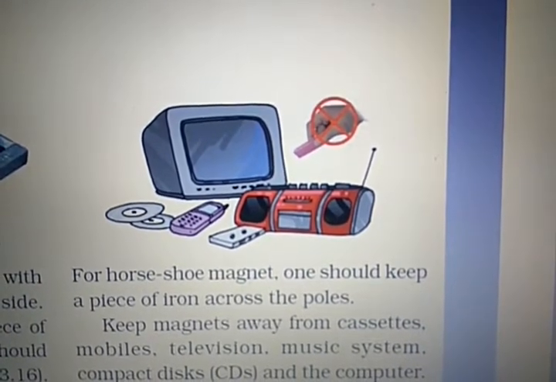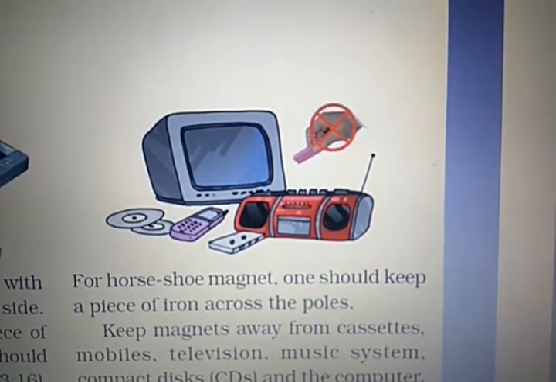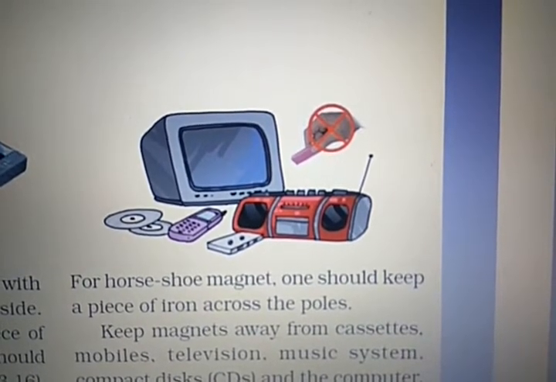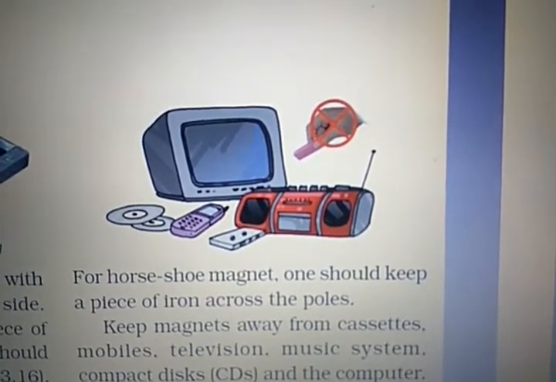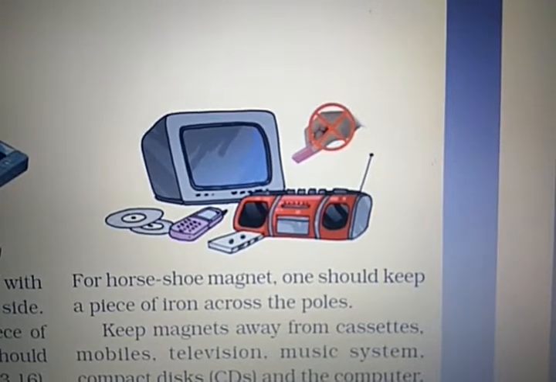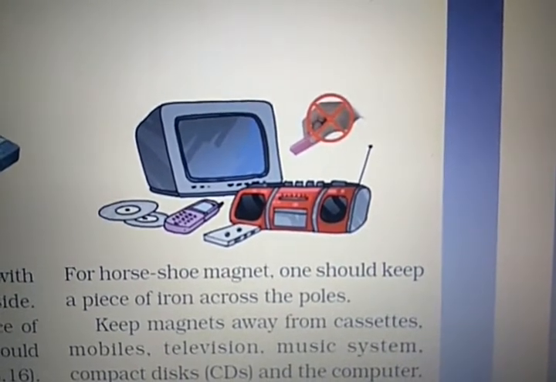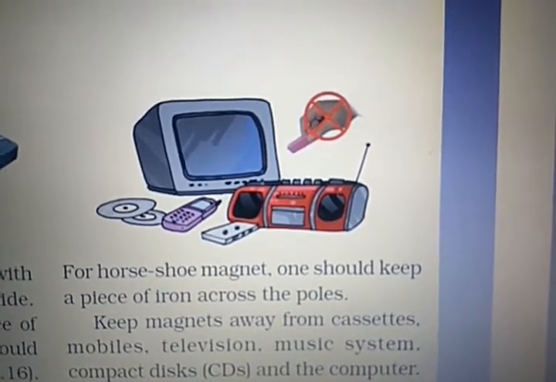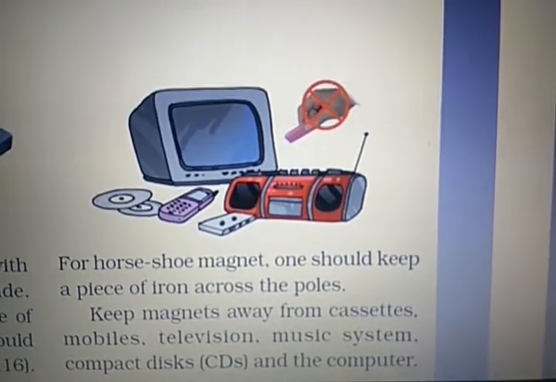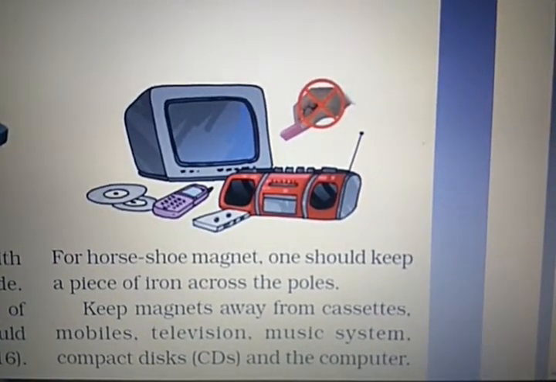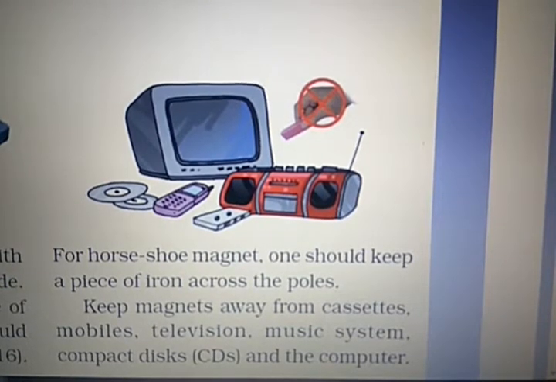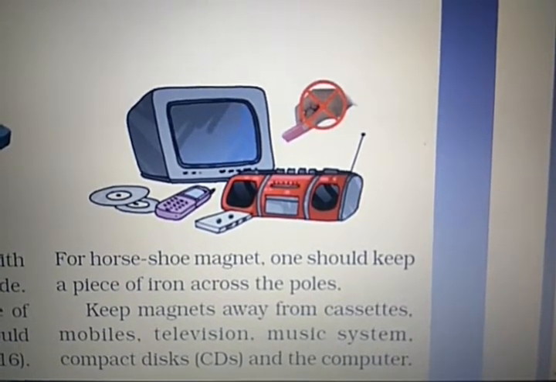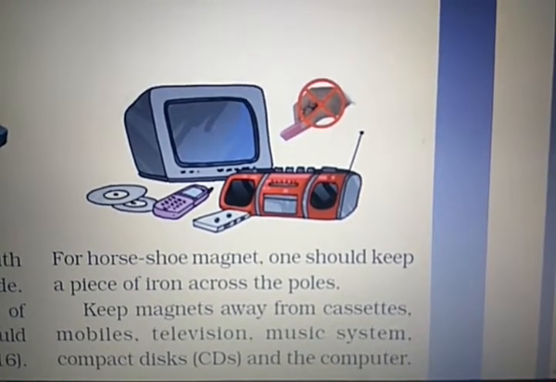Similarly, do not keep a TV near this magnet. Similarly, with a CD, whatever important data is there may be damaged. Mobiles also, do not keep them near magnets. So you have to take great precautions when you use a magnet.